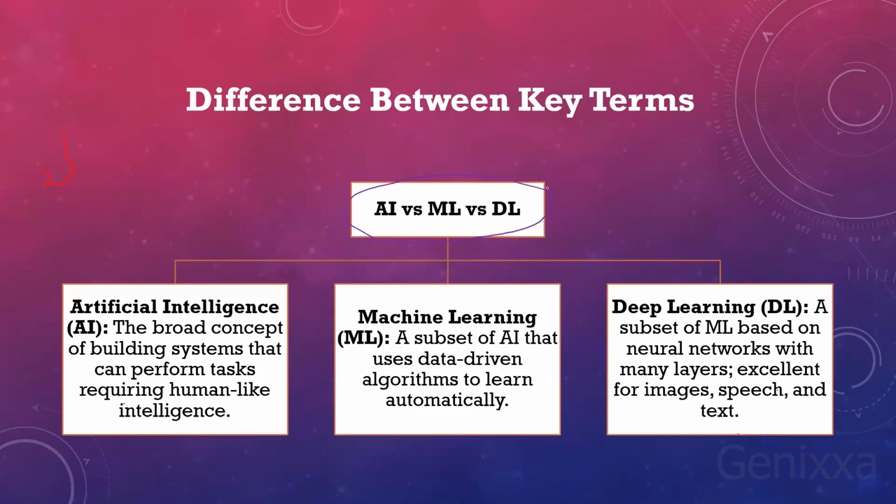So the first one, we have AI, that represents artificial intelligence, which is the main universe, or we can say the broad concept on which there is a very big buzz in the market right now. And it is all about building systems that have human-like intelligence.